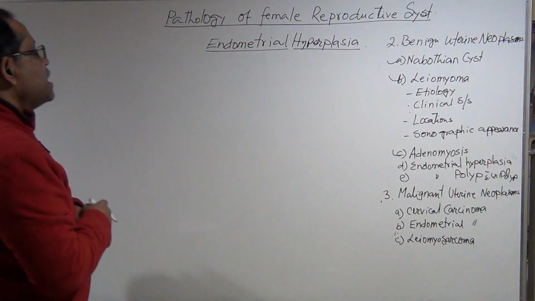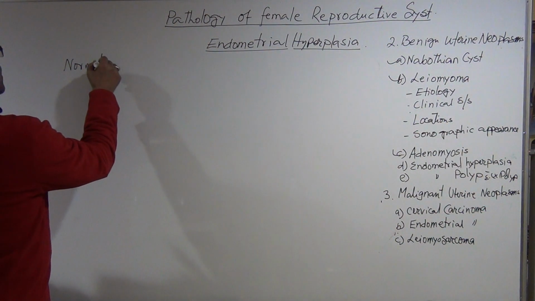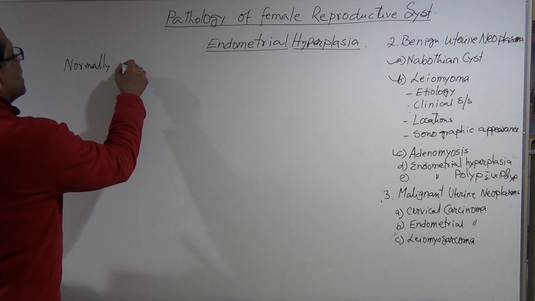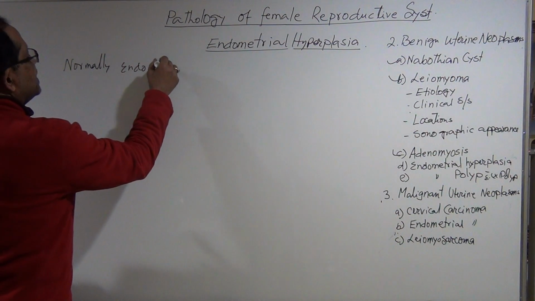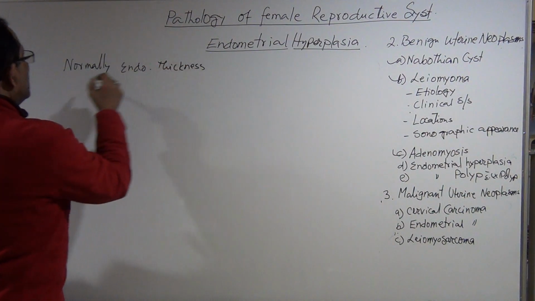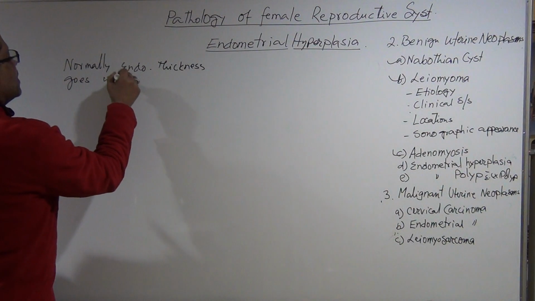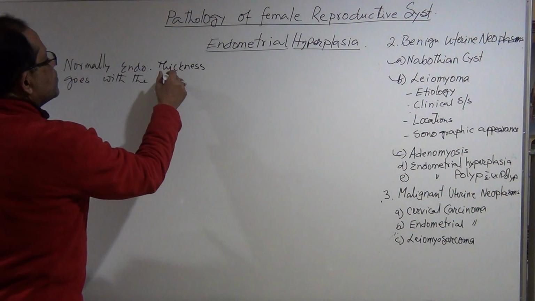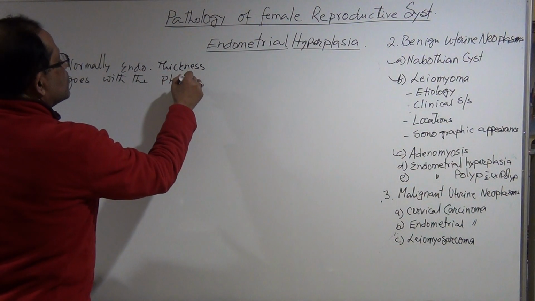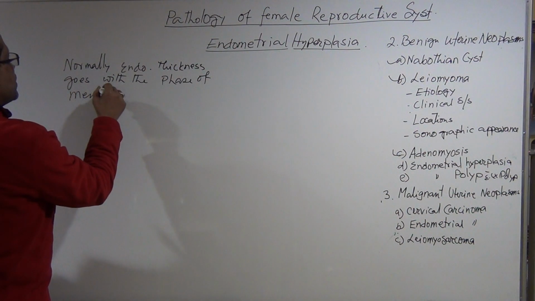Okay, so normally endometrial thickness goes with the phase of menstruation.